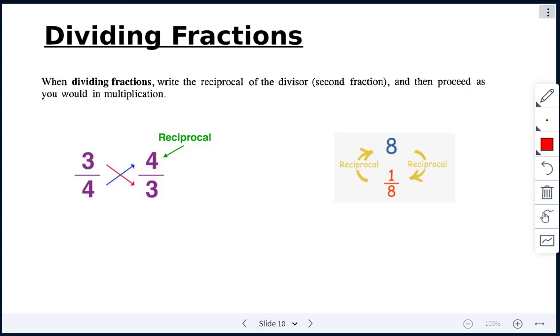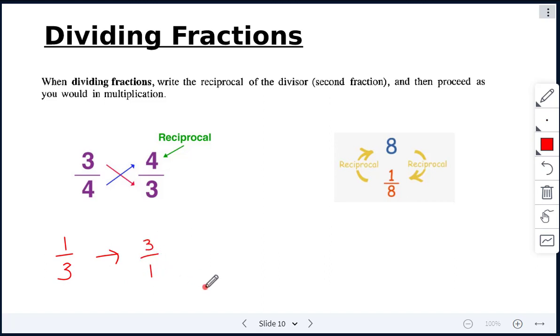So for example, if we have a fraction 3 over 4, its reciprocal is 4 over 3. So all we've done is flipped the fraction. In this image here, the reciprocal of 8 is 1 over 8. The reciprocal of 1 over 8 is 8. If I had 1 over 3, its reciprocal would become 3 over 1 or just 3.